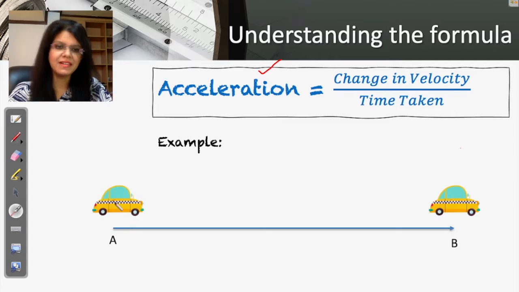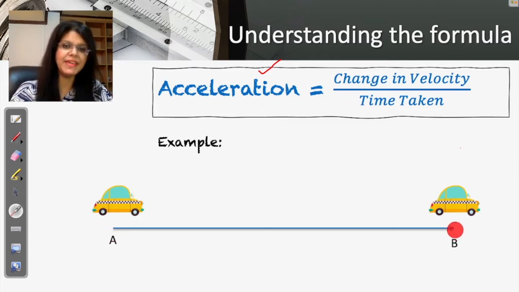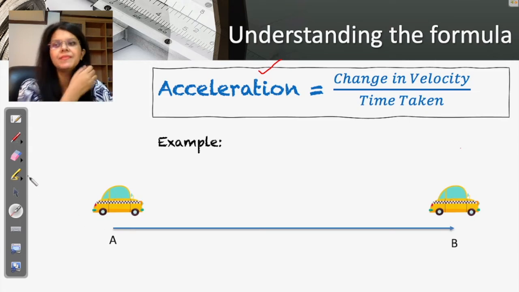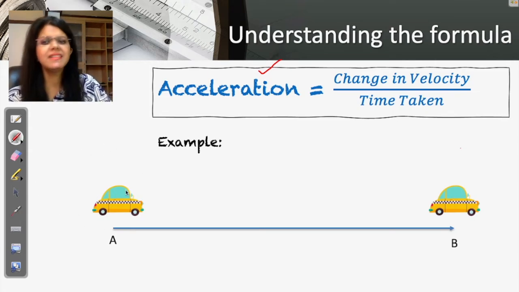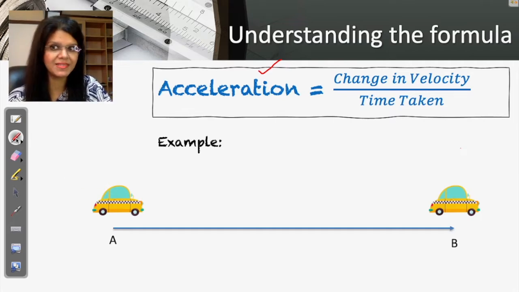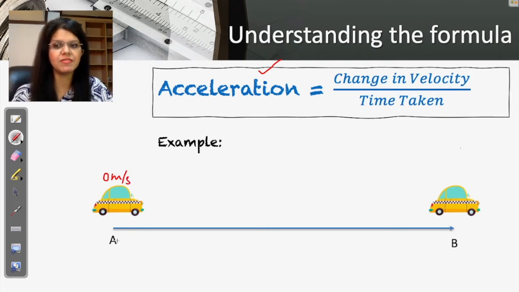Suppose that there is a car, a yellow car, which is moving from point A to point B. At point A, say that it starts from rest, which is easy to understand. Starts from rest means what? It started from 0 speed. Let us take all the speeds in meters per second. Say that its speed at A was 0 meters per second.